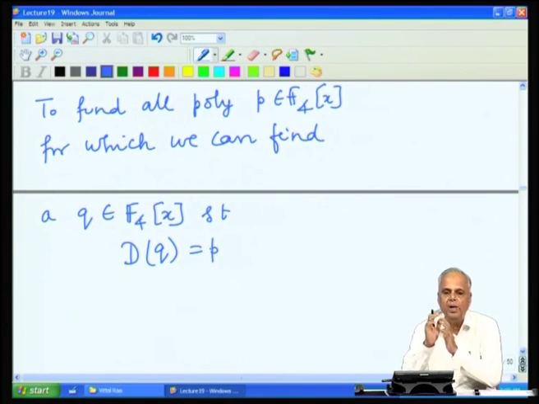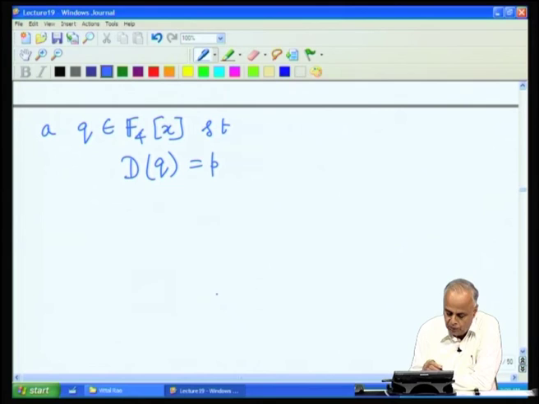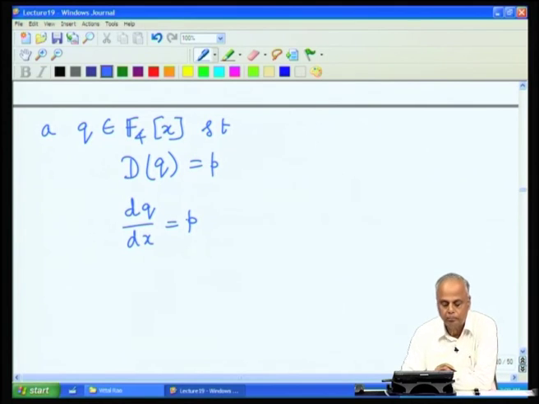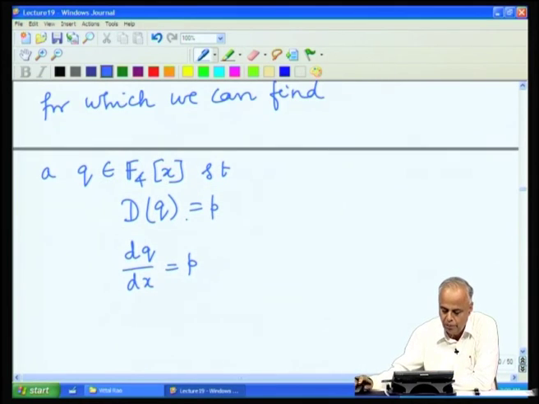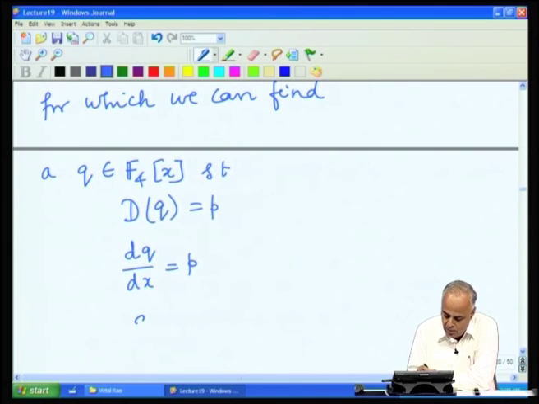So, we want to find all those p's which can be obtained as the image of a q in F4, which means dq/dx must be equal to p. So, we would like to find those p's for which dq/dx will be equal to p. Then q must be equal to the integral from 0 to x of p(x) dx.